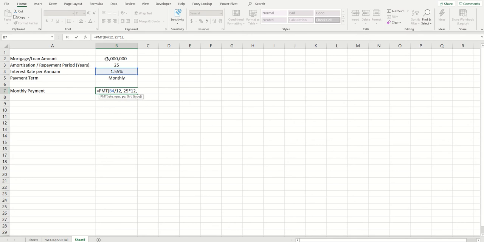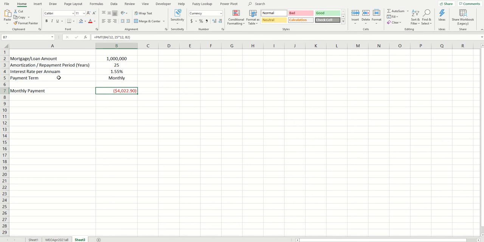So just select the loan amount here. That's it. We're going to disregard the other last two, which are optional. So close the bracket, hit enter. So that's your monthly payment for this loan, $4,022.90 per month. And if you pay this amount every month for 25 years, your loan will be zero.